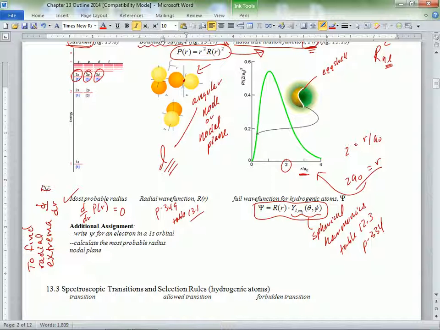There, we take the derivative of just the radial distribution function and set it equal to 0. And then what if you want to find radial nodes? Exactly. Just set the function equal to 0. Don't take any derivatives.